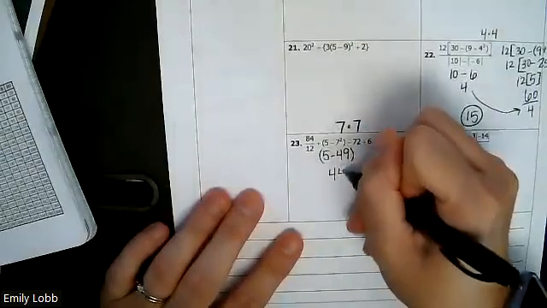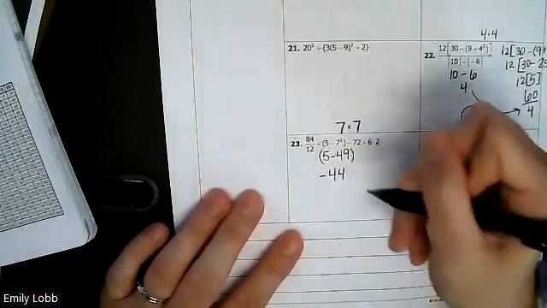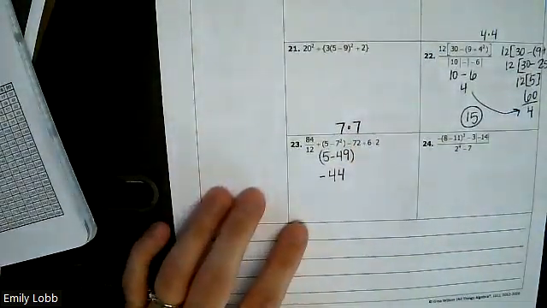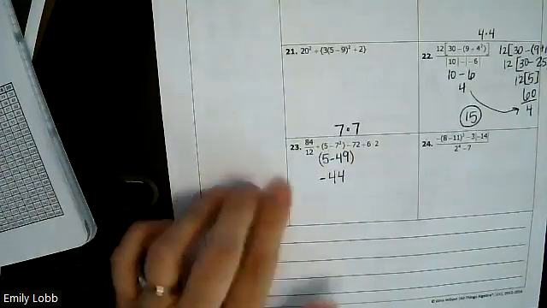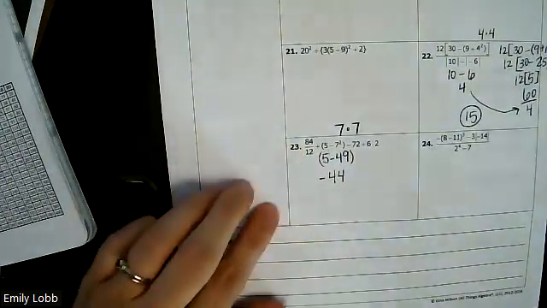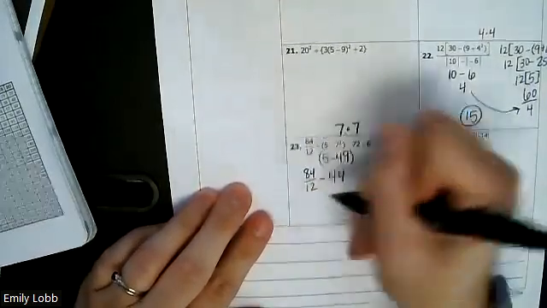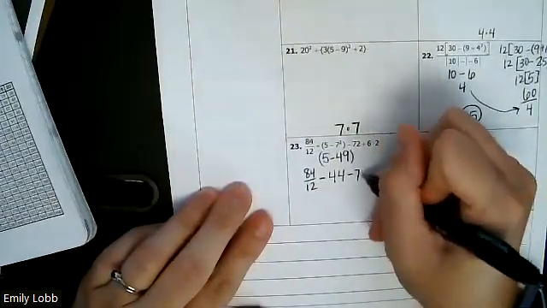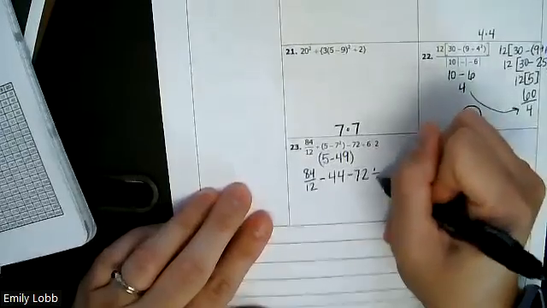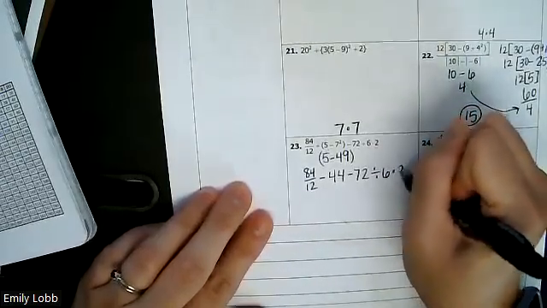Good. Negative 44. All right, so if I bring down the rest, so I'm bringing down this 84 over 12. I'm bringing down this minus 72 divided by 6 times 2.